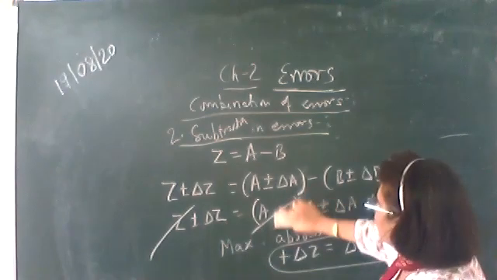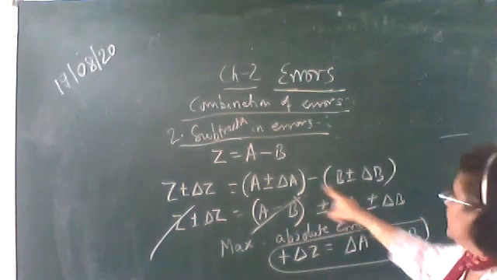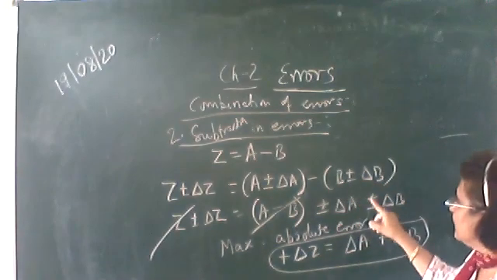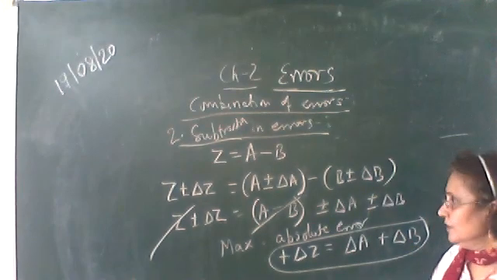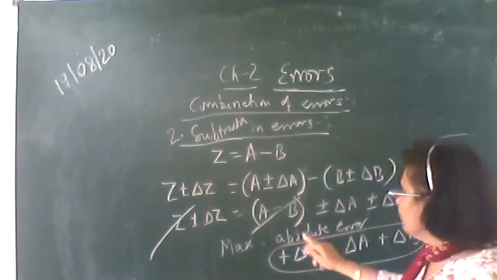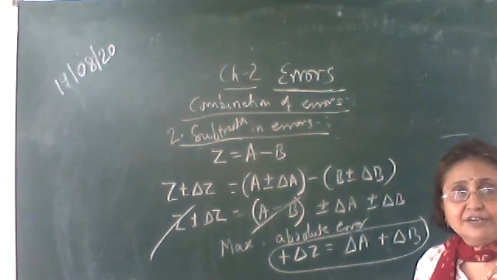Now this can be written as Z is equal to A minus B plus minus delta A minus plus minus delta B. As Z is equal to A minus B, you can cancel out from both sides. Now again the maximum absolute error in the difference.